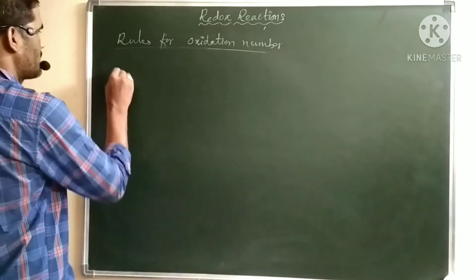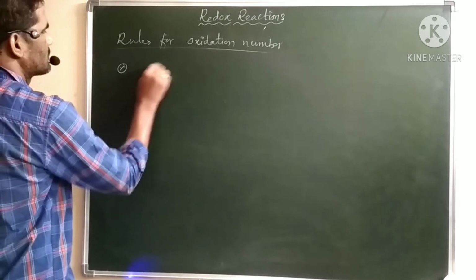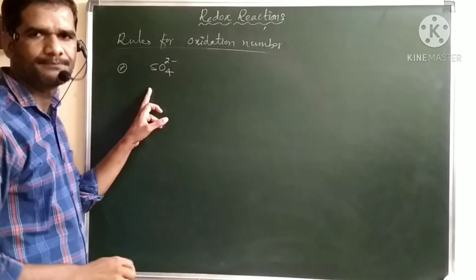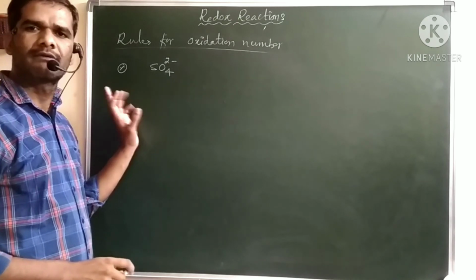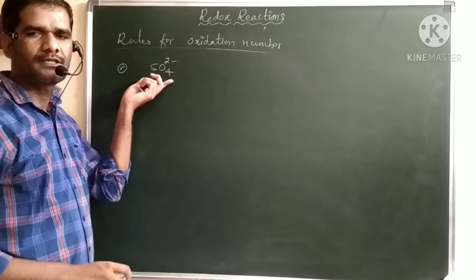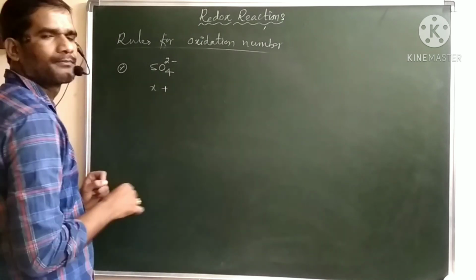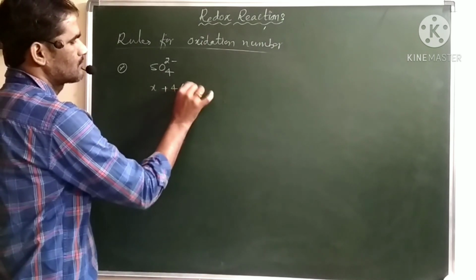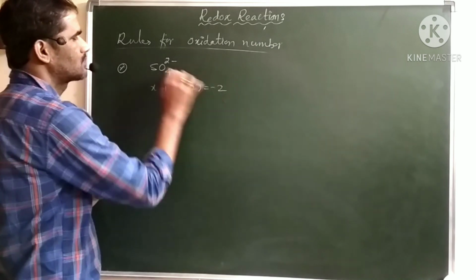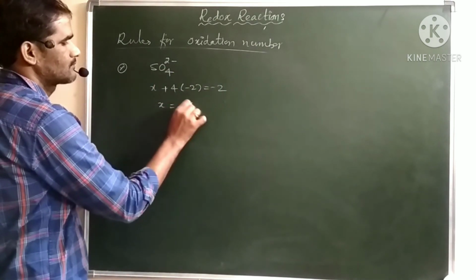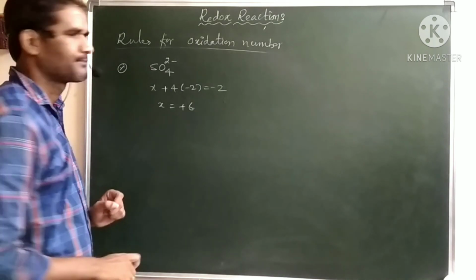Similarly, let us take some ions here. Oxidation state of sulfur in SO4 2 minus. In the case of ions, whatever it is, the algebraic sum should be equal to the charge. So sulfur, let us assume X plus 4 into minus 2 equals, the charge is minus 2. Then we will get X equal to plus 6.